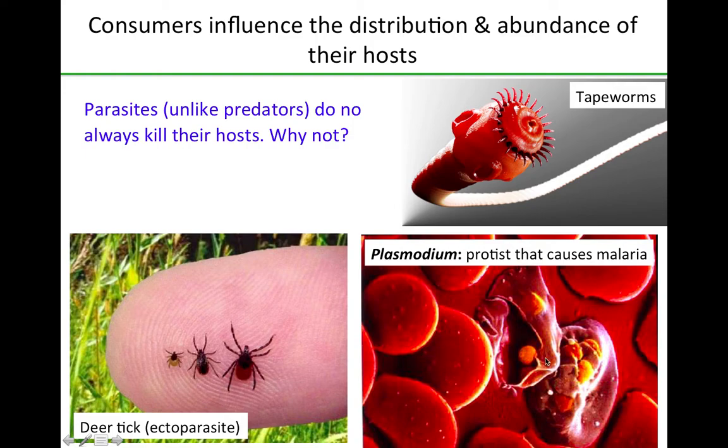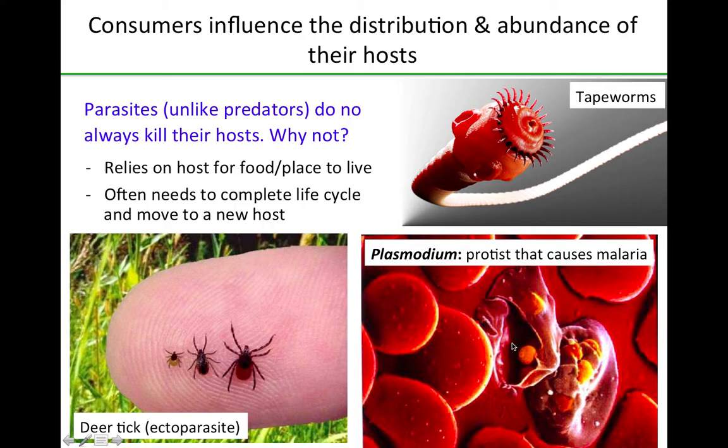Malaria we know does, so this is an exception. But in general, parasites are relying on their hosts for food and a place to live. Many parasites have lost the ability to be free living without their hosts, and so if they kill their hosts, they're also killing their habitat and food source. So it's not such a good strategy.